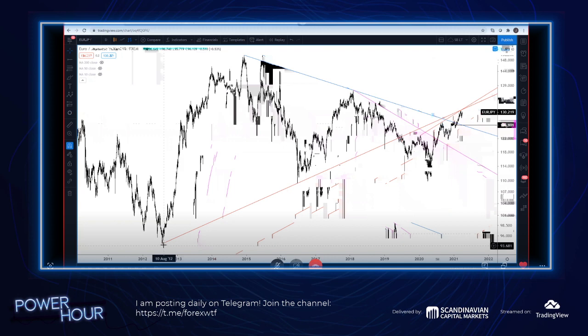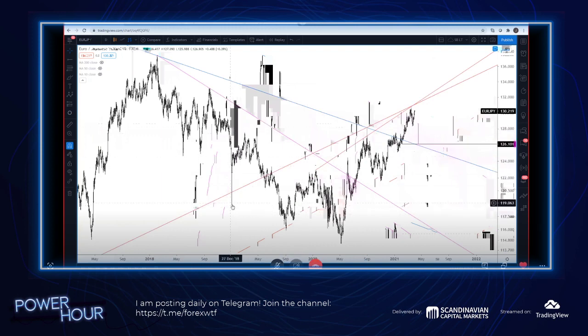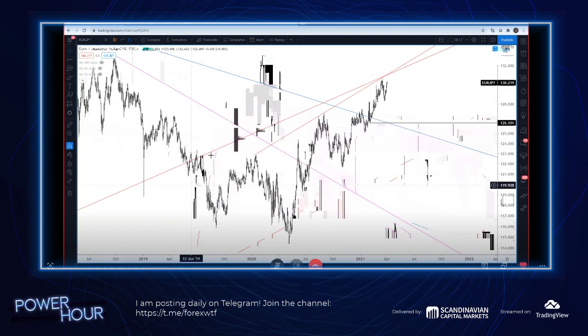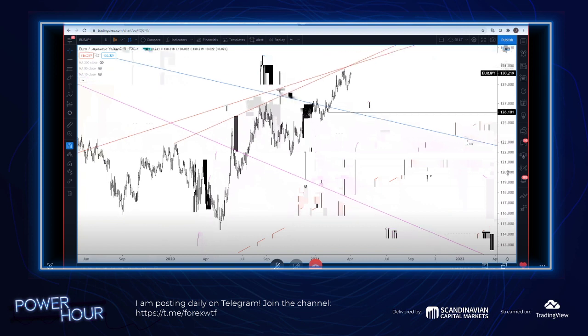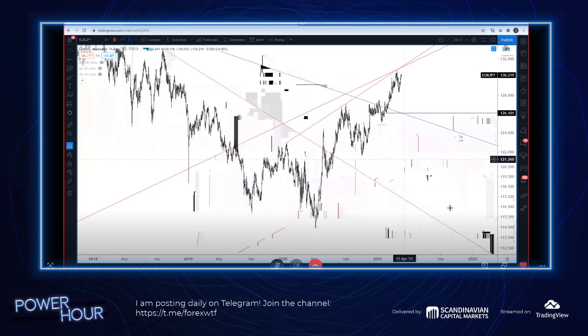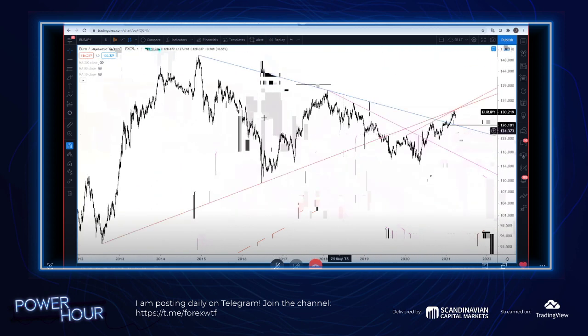So Euro yen, go back to 2012, 2016, right? That flash crash in Jan 2019. Right here. And we almost got there on March 18th. So one more stab at it, just about 131.15 is where we could be looking for resistance.